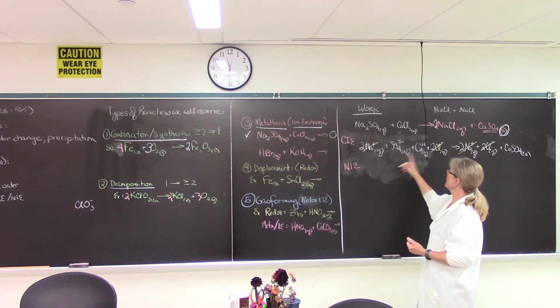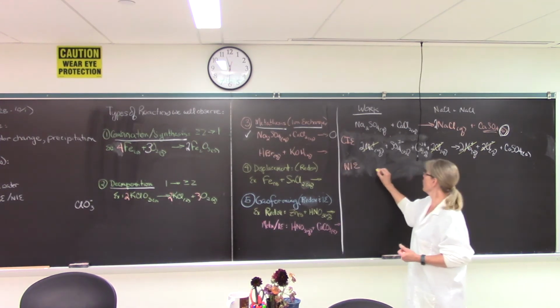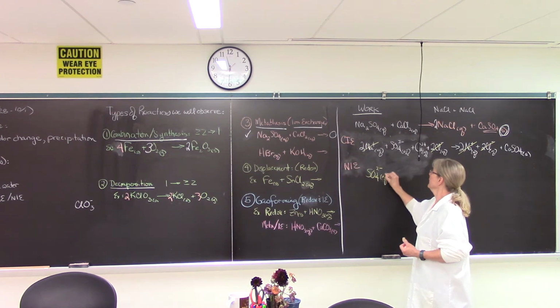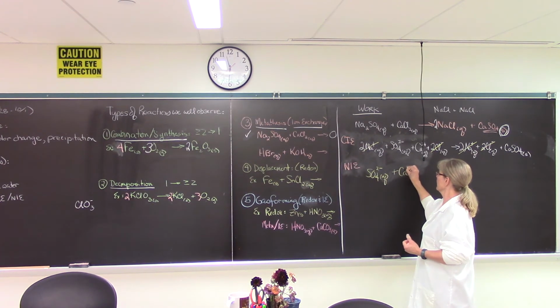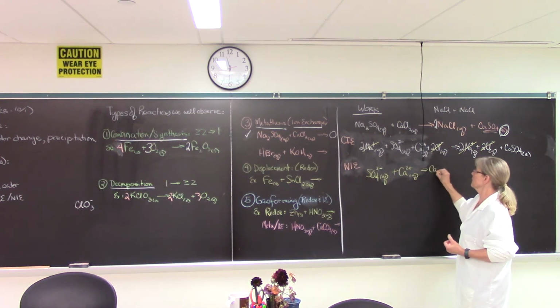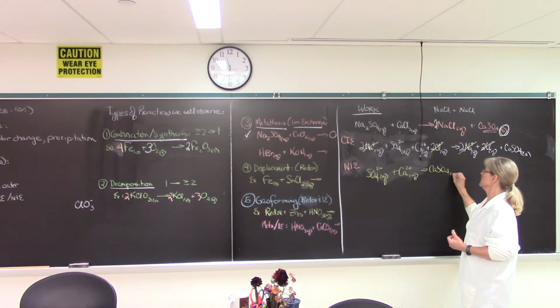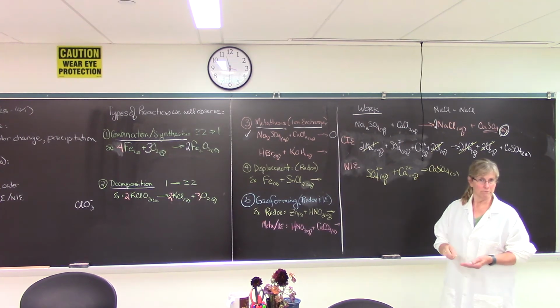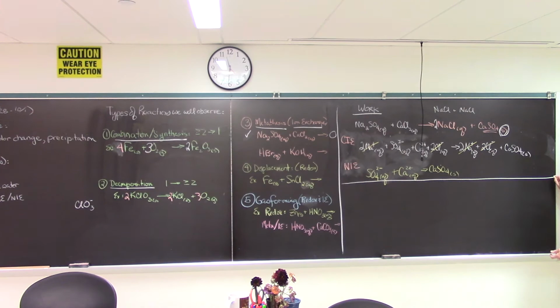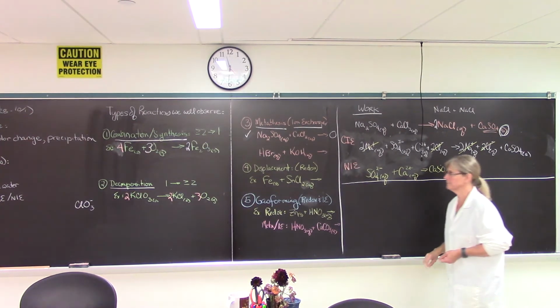So now our net ionic equation is what's left over. So sulfate and calcium becomes calcium sulfate, solid. Okay? All right, so that's just a refresher of what we're doing, I hope.